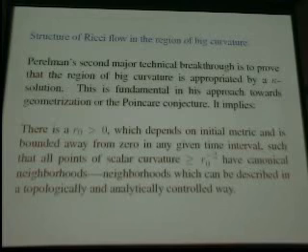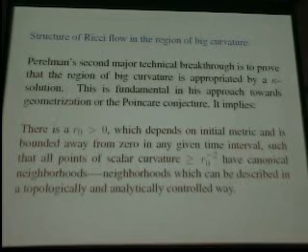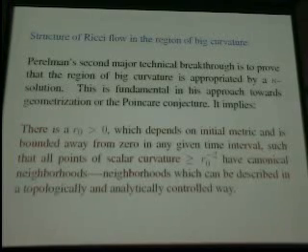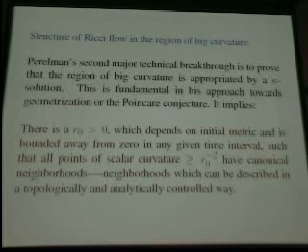So another contribution, a major breakthrough, I think, of Perelman, in my opinion, is to prove that the region of big curvature is approximated by kappa solutions. This I already said something like on the previous transparency.